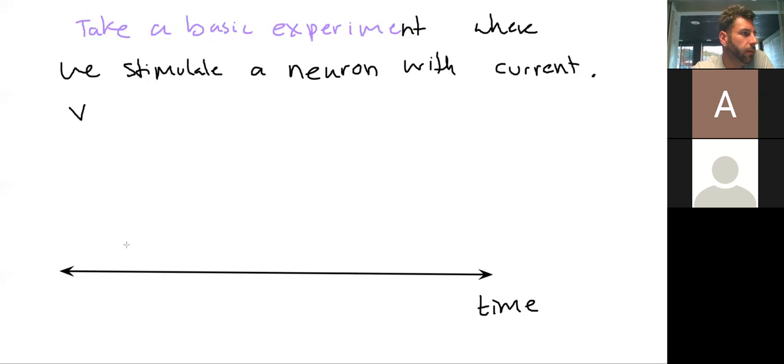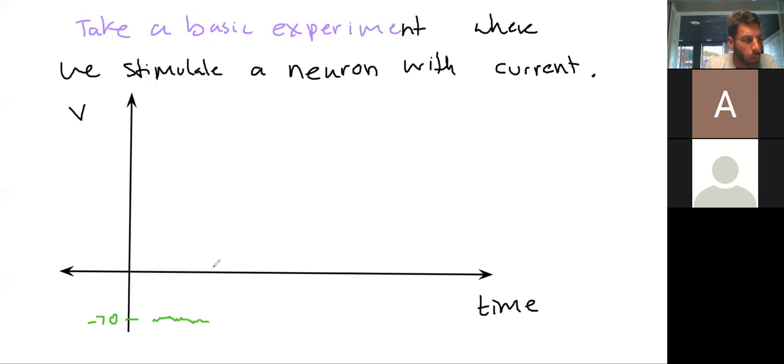So we might think of this as being like this. And so what experiment shows us is the following. We have some sort of voltage, say down here at around negative 70. The voltage is hovering around here.